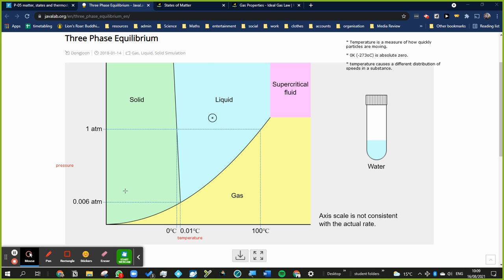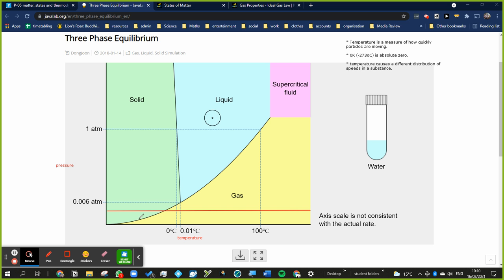In fact, if you were to go at 0 degrees C, then something very strange happens, because you can see here that at this, let's say we imagine this red line. This is the one particular pressure, and we can see that as I get hotter, let's draw a vertical line now.